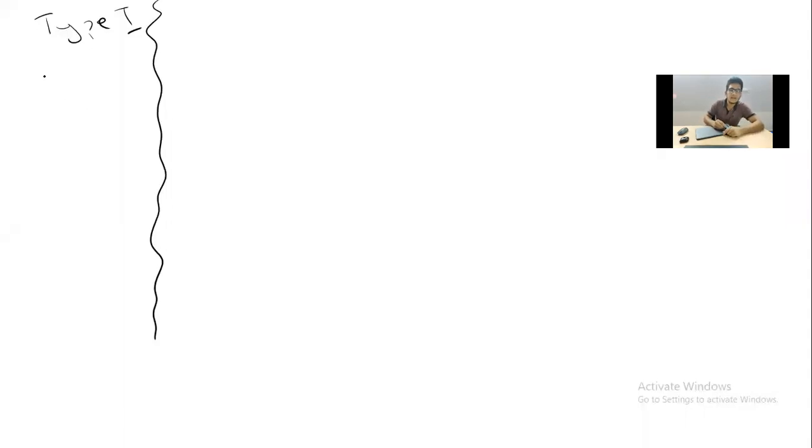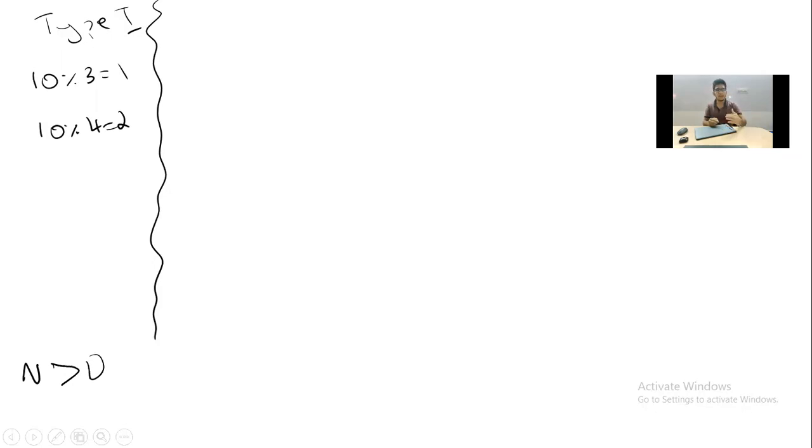In type 1, we have seen questions where 10 mod 3 gives answer 1, and 10 mod 4 gives answer 2. Here the numerator is greater than the denominator. In these cases, we can tell the answers easily.